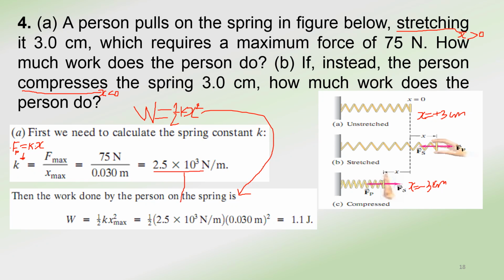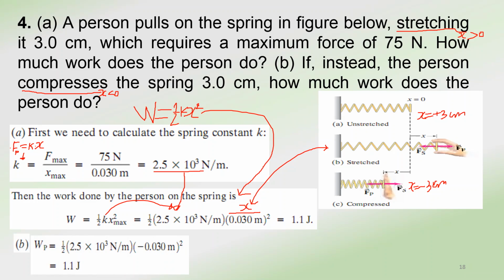This is the value of k, the same value of k, and x, this is the stretched distance x, which is equal to this in the case of stretching. Then in the case of compression, the formula is the same and the answer will be the same because you have a minus.